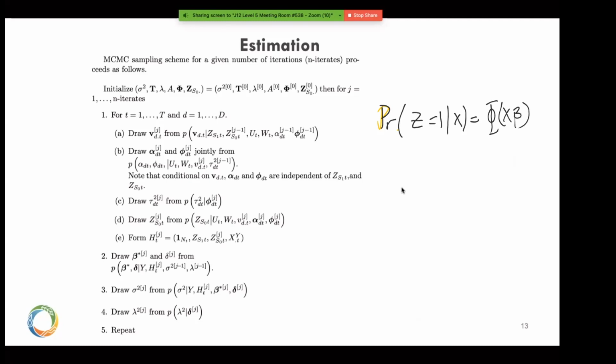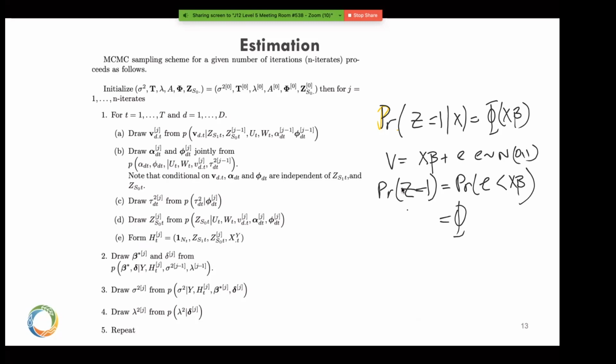Then we introduce these values V, where V is equal to X beta plus an E, and E is normal(0, 1). If we do this, we can show that the probability that Z is equal to 1 is equal to the probability that E is less than X beta, which is equal to phi of X beta, because E is normal(0, 1).